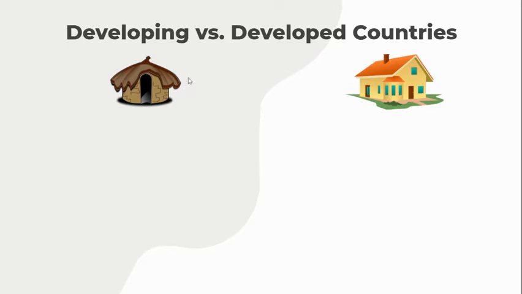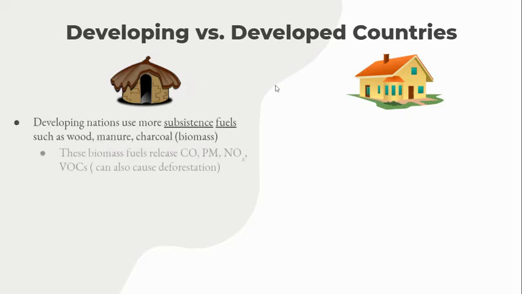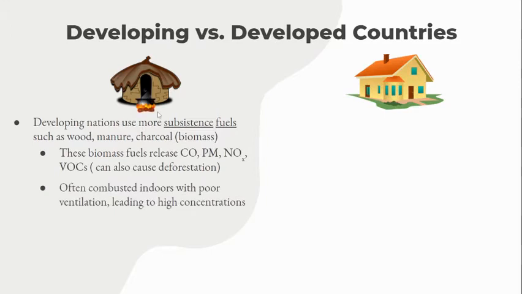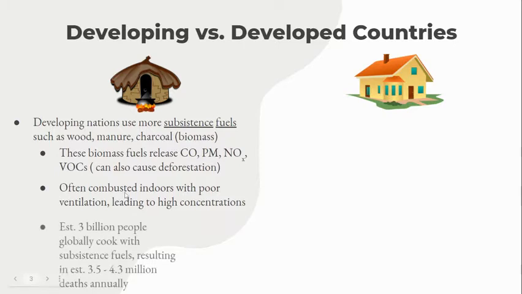Developing and developed world: think about this in terms of its level of industrialization. Developing nations use more subsistence fuels such as wood, manure, and charcoal. Any combustion is going to create nitric oxides, but combustion of biofuels also creates carbon monoxide, volatile organic compounds, and particulate matter as well.